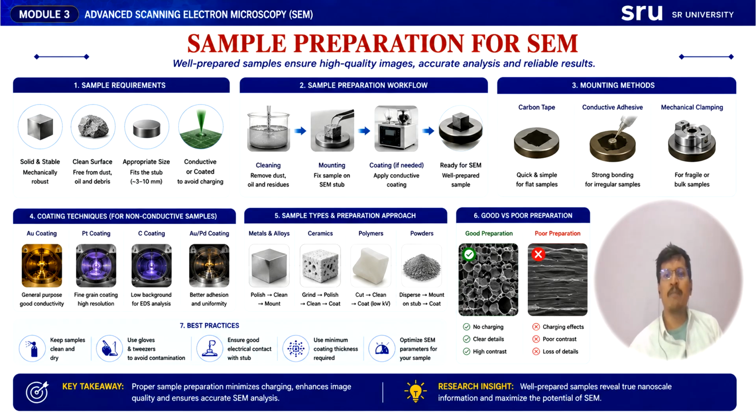Different types of samples require different preparation procedures. For powder samples, a small amount of material is typically dispersed on the conductive carbon tape attached to the aluminum stub. Excess particles are removed to avoid agglomeration.